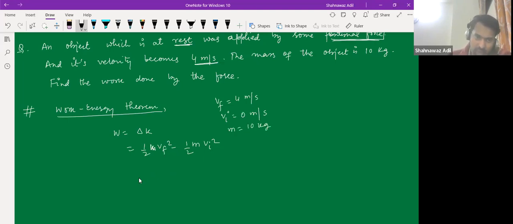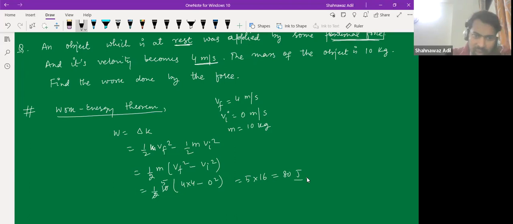So work done is half m times v final squared minus v initial squared. That is half into 10 into 4 into 4 minus 0 squared, so 5 into 16, which is 80 joules. So this would be the work done.